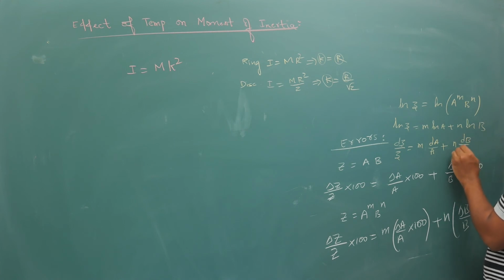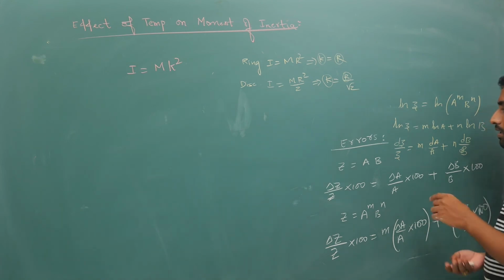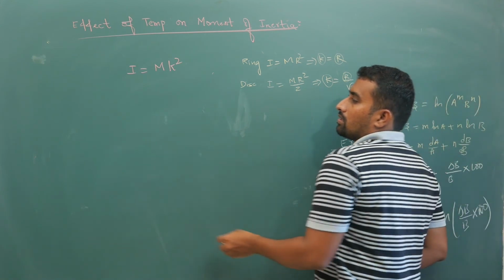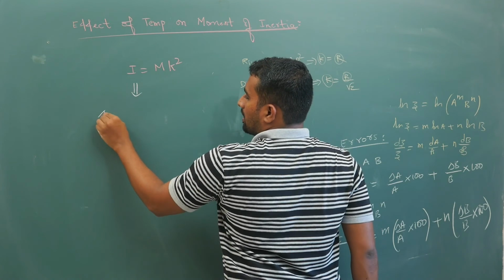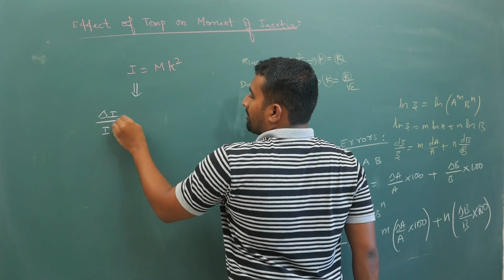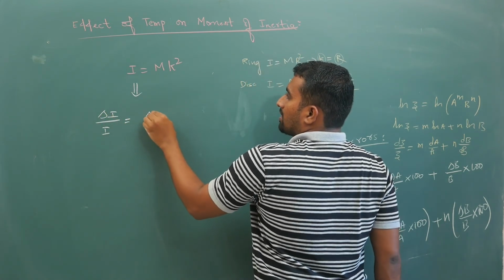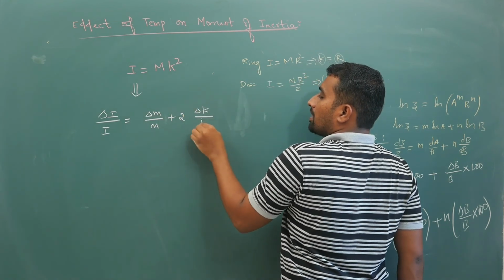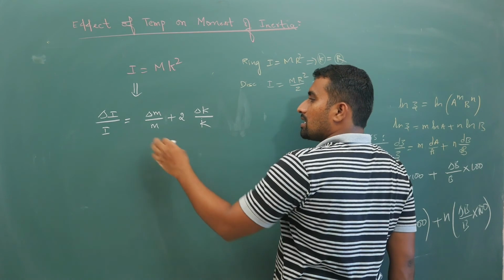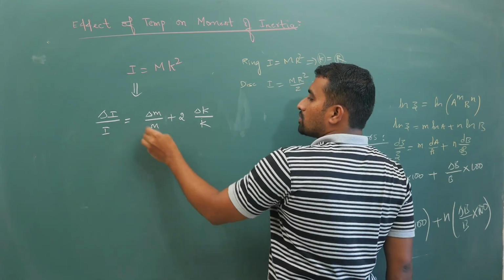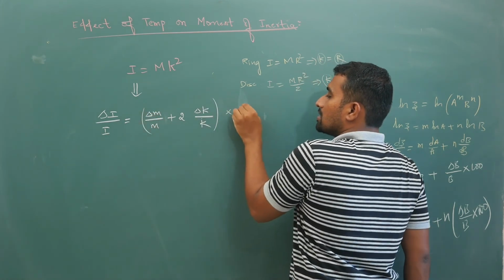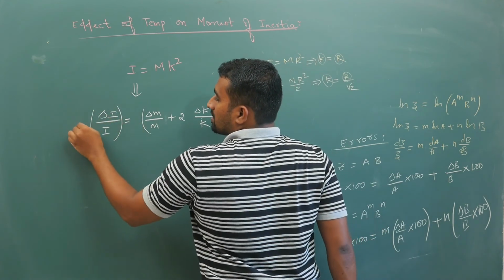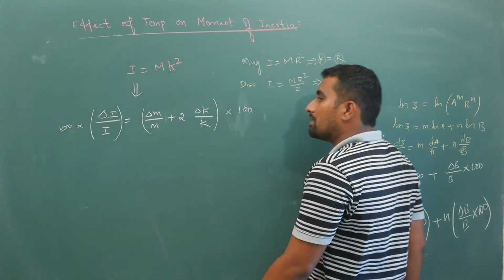So cross multiplying with 100, you will get these expressions. Okay, so now according to this logic, your delta I by I, if you are calculating, it will become delta m by m plus 2 times delta k by k. If you are taking percentage, into 100 both sides, this is your fractional change in moment of inertia.